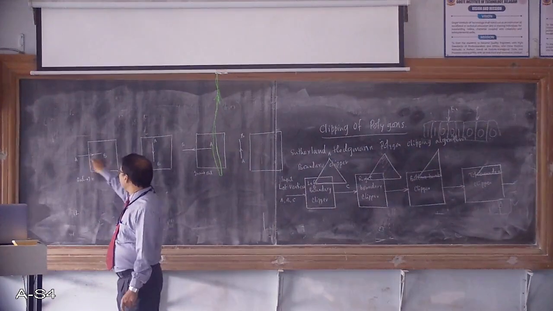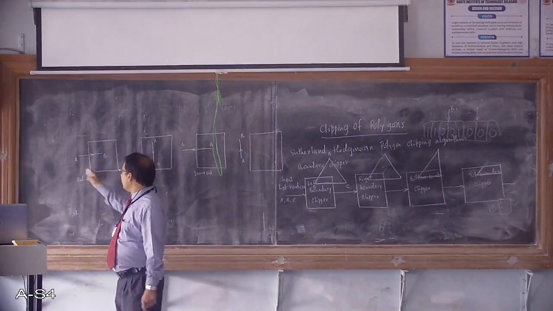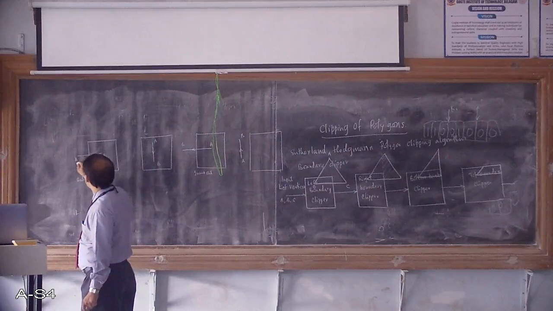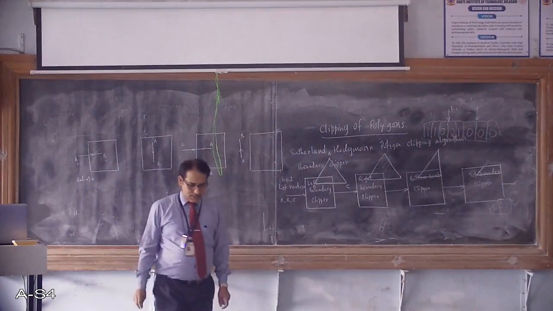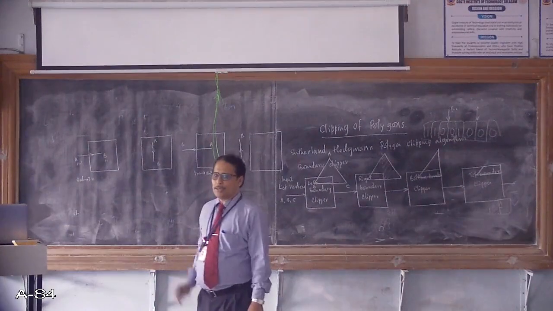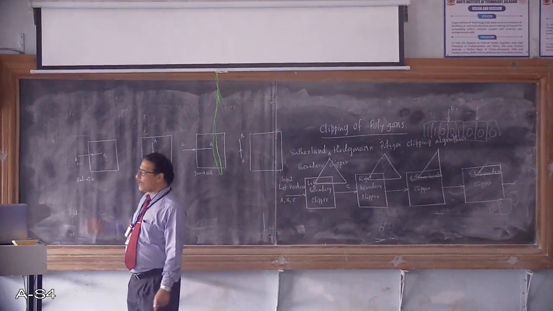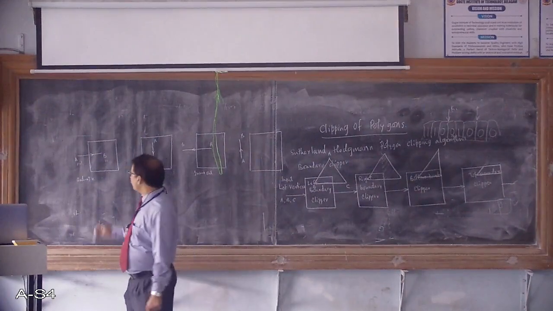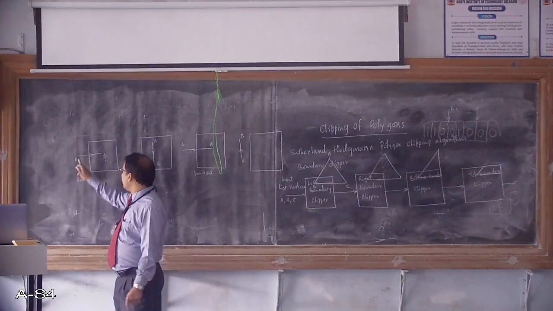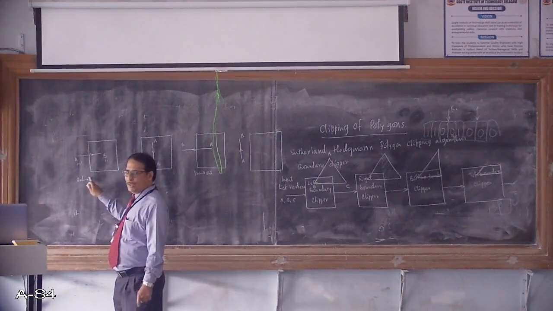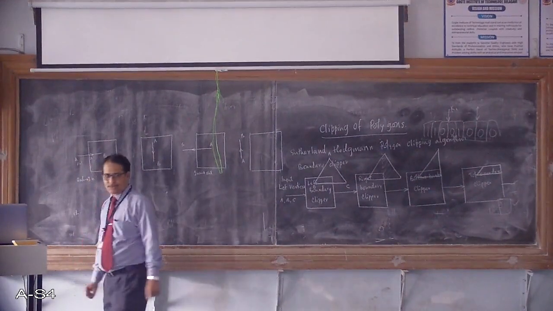So here the edge is progressing from A to B. A is outside and B is inside, and therefore this is a case in which the edge is progressing from outside to inside. And for this case, what we are required to do is get the intersection point of the edge with the left boundary. Let us say the intersection point is A dash.